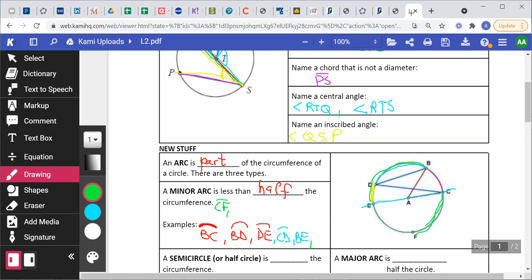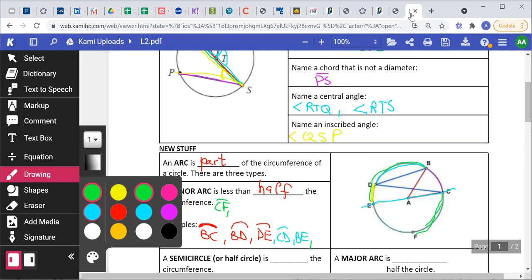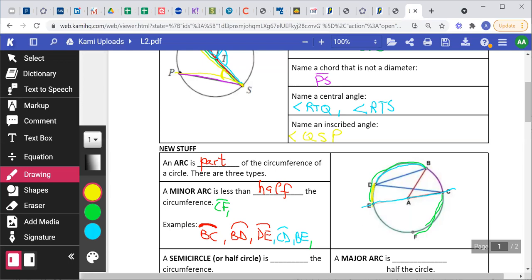If I take CE, it becomes half of the circle, so it overrides the meaning of minor arc. At the other side, I have EF. So you can name as many as you want, okay? It depends on your intuition. So I'm just going to stop it there, putting these three dots to say etc., etc.